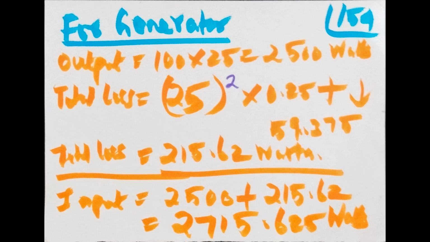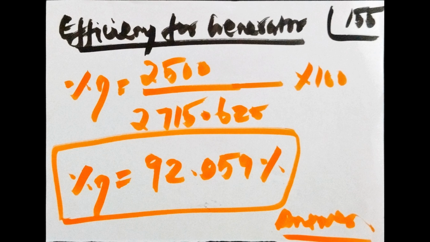Input is output plus losses, 2750.62 watts. Efficiency for the generator is output divided by input into 100. We obtain the value 92.059%. That is a very important problem.